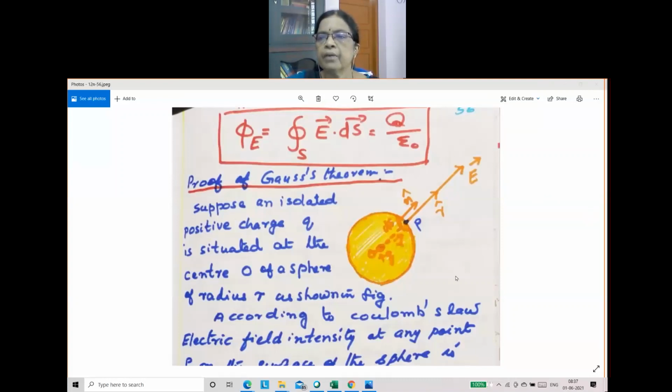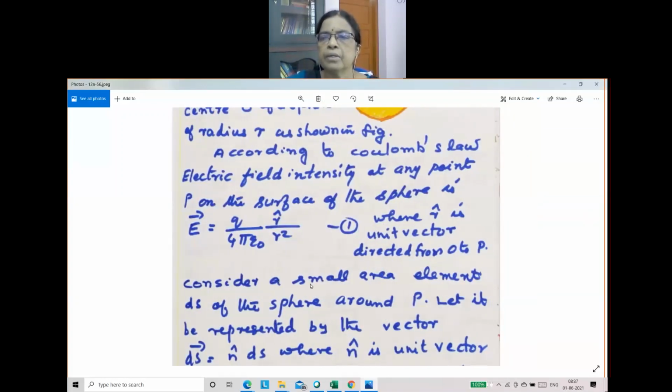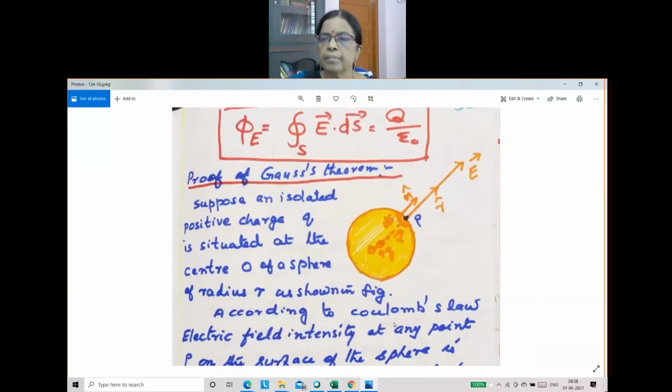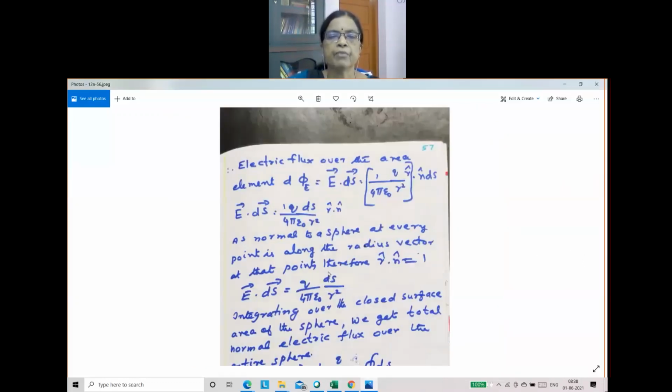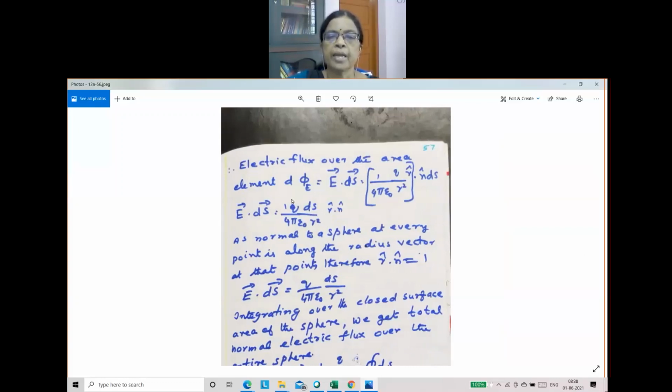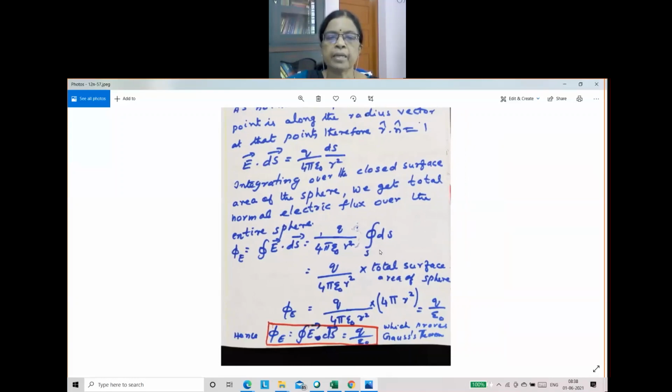The electric field and the area vector are taken at angle 0. So first we wrote the electric flux element, E dS cos theta. In order to find the total flux, we have to integrate the expression, integral over the closed surface E dot dS.